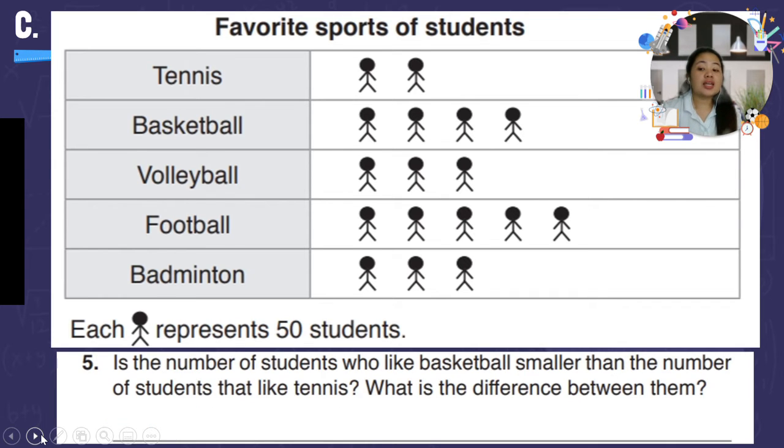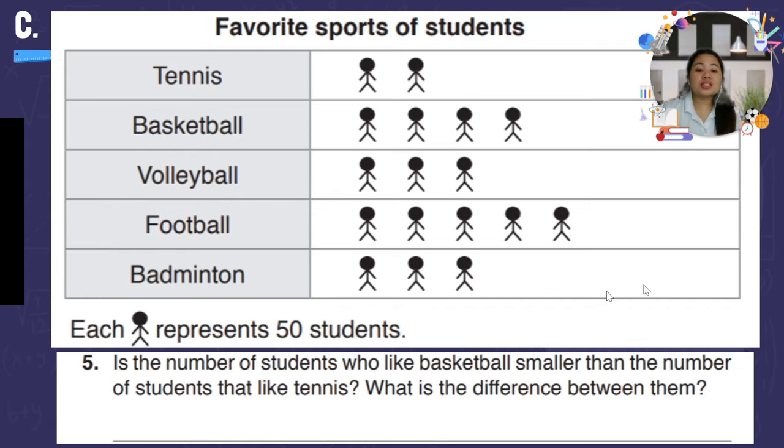Next, number 5. Is the number of students who like basketball smaller than the number of students who like tennis? What is the difference between them? Basketball is larger than tennis.